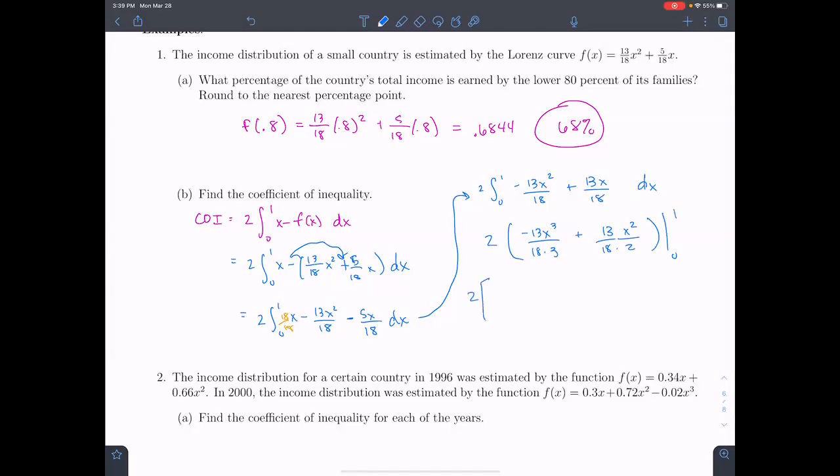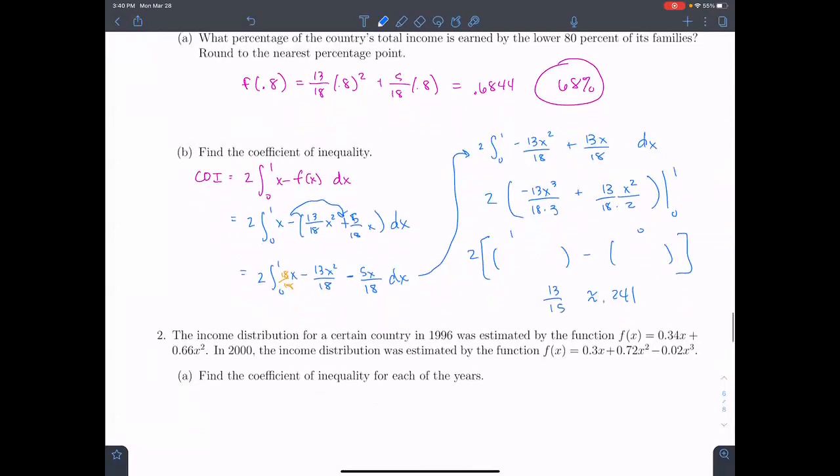So 2 times this thing evaluated at 1 minus this thing evaluated at 0. I have 13 over 15 or 0.241. So the coefficient of inequality is 0.241.